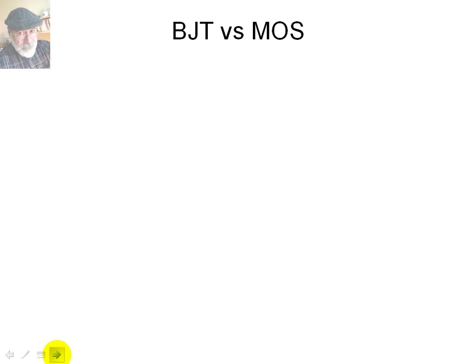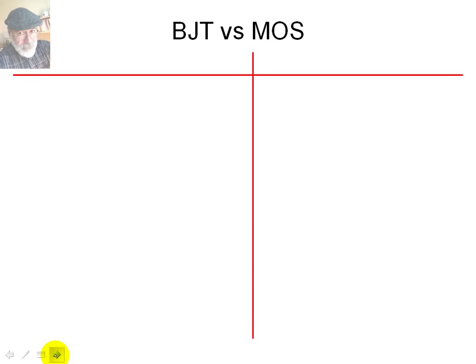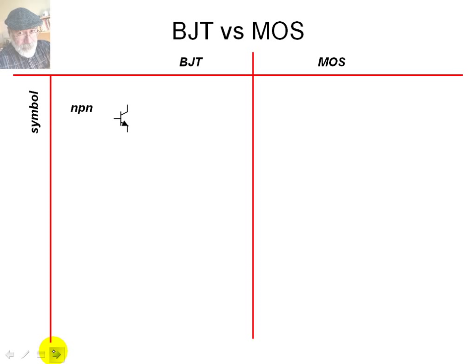Before we leave, let's compare this new transistor, the MOSFET, versus the one we studied in our previous term, the BJT, the bipolar junction transistor. We created a table, on one side the BJT, on the other side the MOSFET. We begin with the symbol. The symbol we use for the BJT, at least for the NPN BJT, is this one.